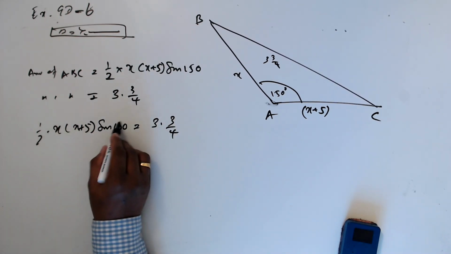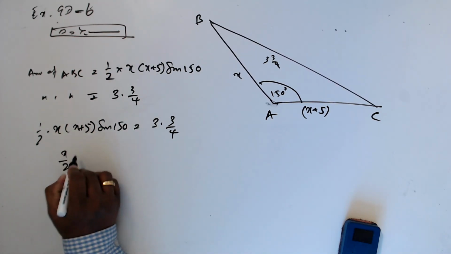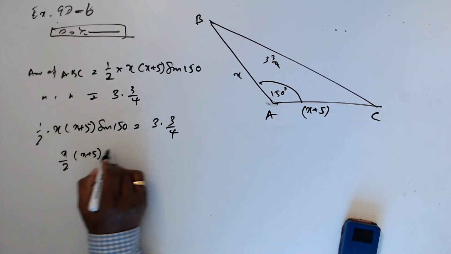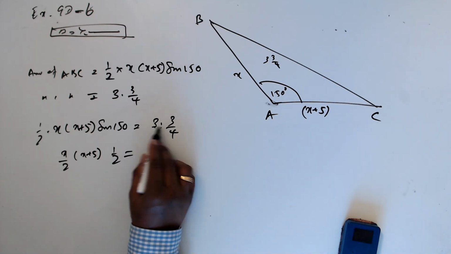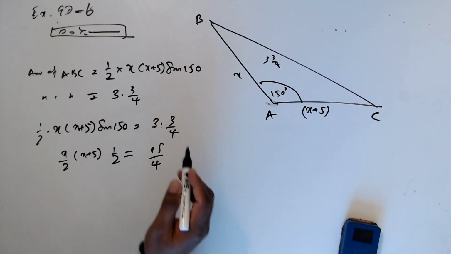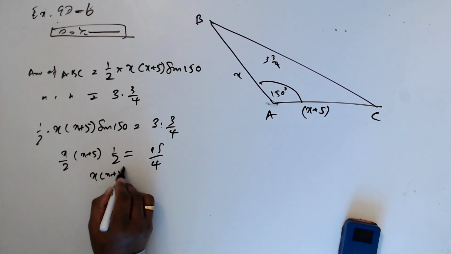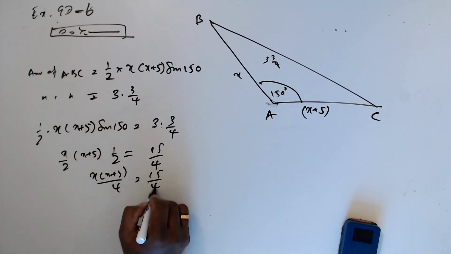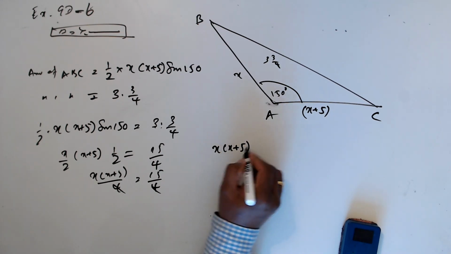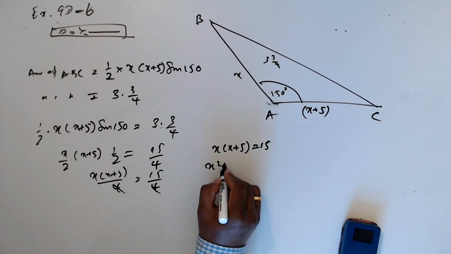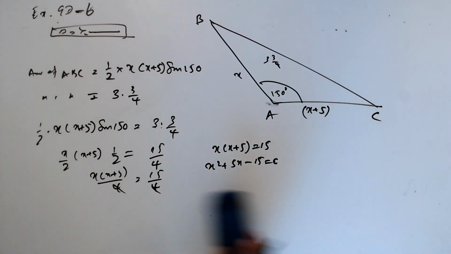Sine 150 means again sine 30, half. So x over 2 times (x plus 5) over 2 equals 15 over 4. So x (x plus 5) over 4 equals 15 over 4, 4 and 4 cancel out. x times (x plus 5) equals 15, x square plus 5x minus 15 equals 0.